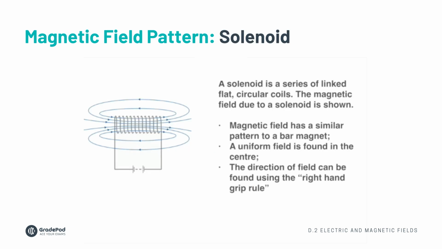Another magnetic field pattern that you should be able to draw is that of a solenoid. A solenoid is a series of circles or coils of wire, all connected to a power source, a direct current power source.